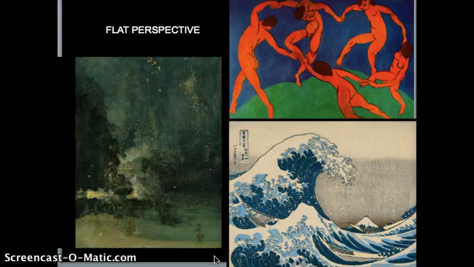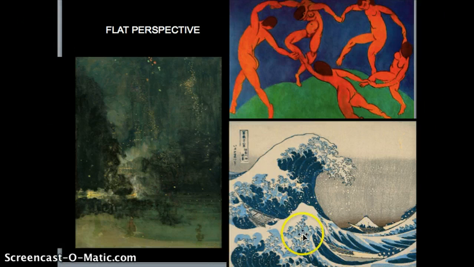In order to be abstract and move away from the illusion of space, all of a sudden we have a more flat perspective where things that are further away are just higher up in the picture plane, and we're not necessarily seeing things far away as more hazy, but everything is in crisp focus, whether or not it's really far away or really close to us.